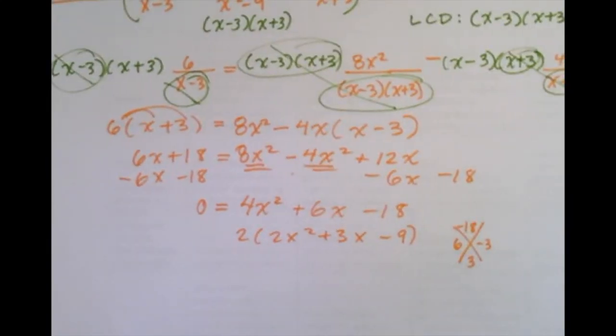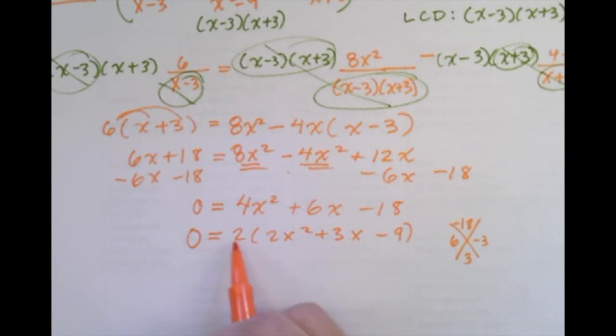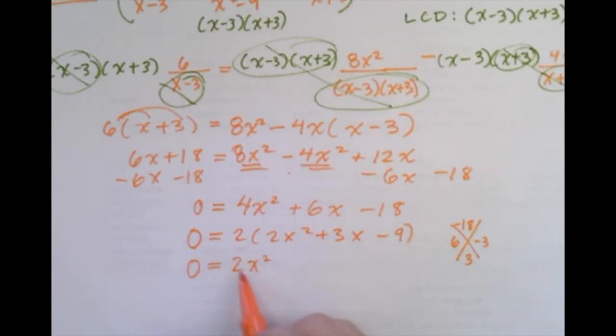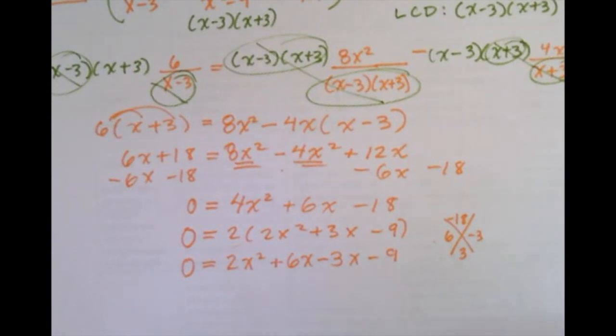And then I'm going to do this by grouping. I'm going to pretend like I just divided both sides of this equation by 2 to ignore that 2. And then I have 2x squared, plus, so I'm going to split this and say plus 6x minus 3x minus 9. And now I'm going to factor this by grouping.